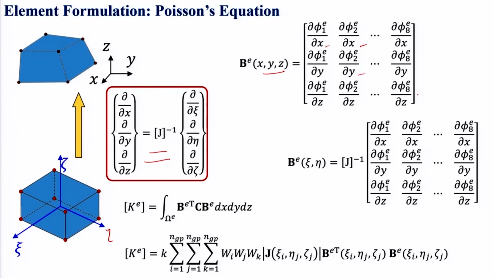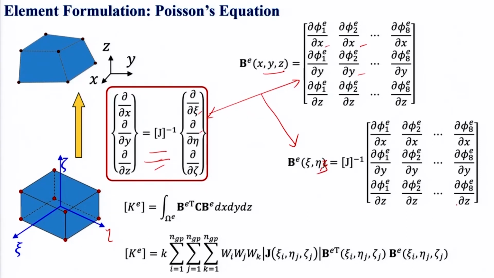These need to be replaced by derivatives with respect to the xi, eta and zeta coordinates through this relation. If we take these two, this will give us the B matrix as a function of xi, eta and zeta.